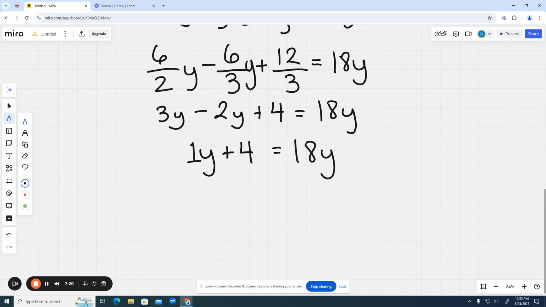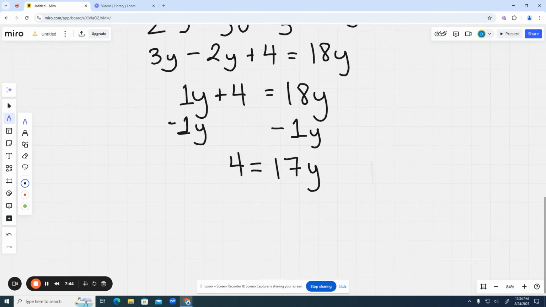Since we have two like terms, what we're going to do is get rid of one, so I'm going to subtract 1y from both sides. 18y minus 1y gives us 17y. We bring everything down, and now we have 4 equals 17y.